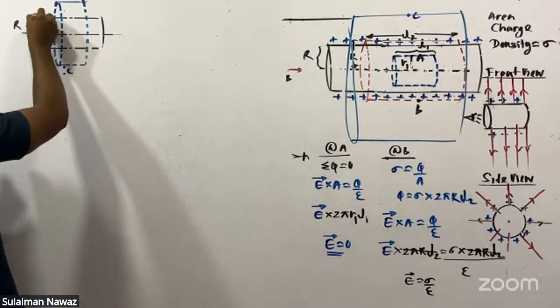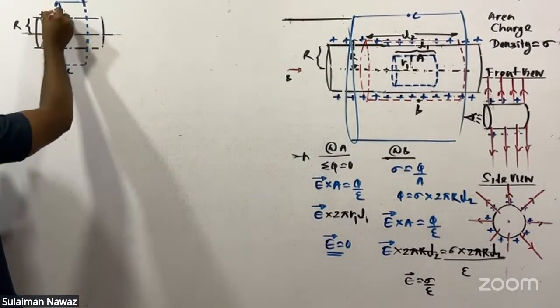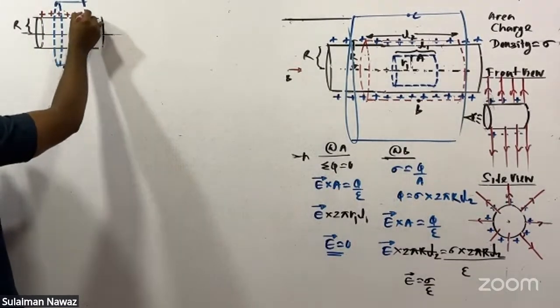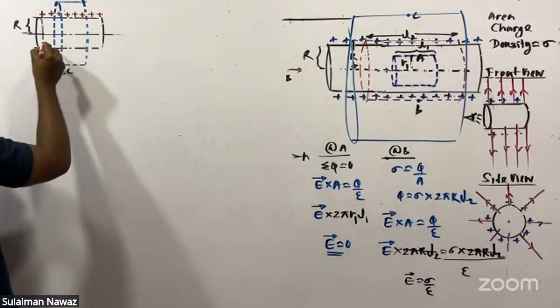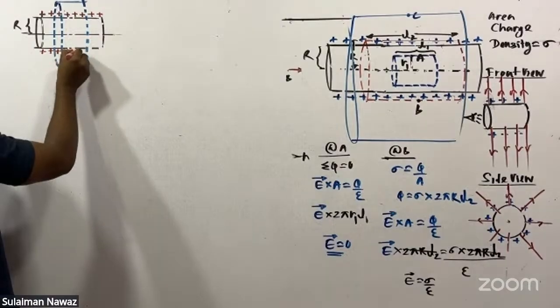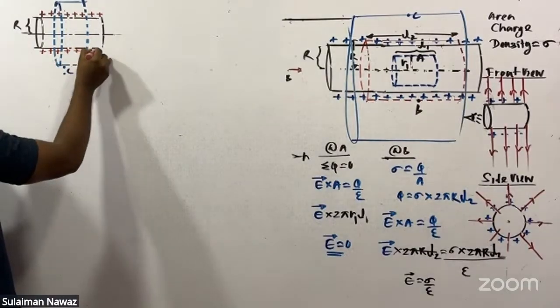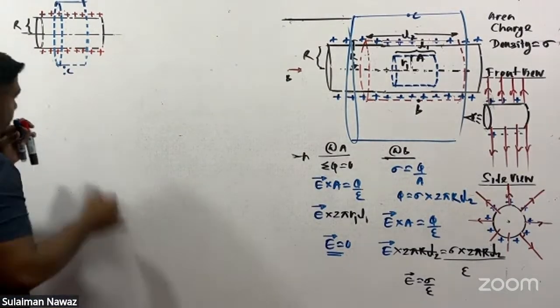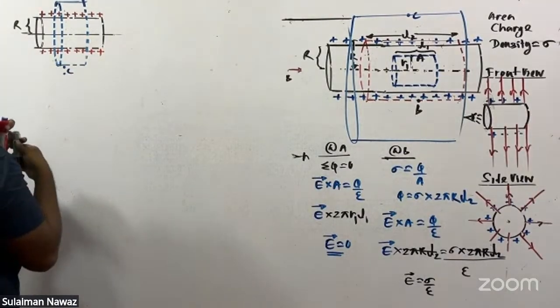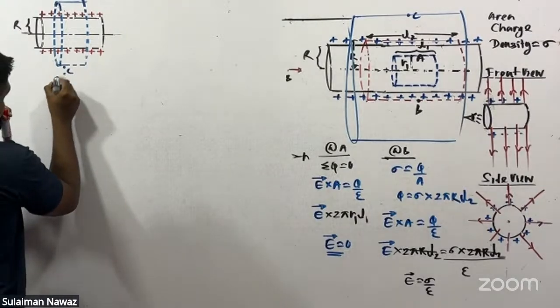The length of my Gaussian cylinder is, let's say, L3.